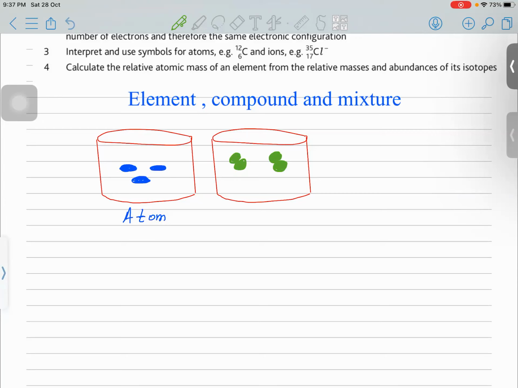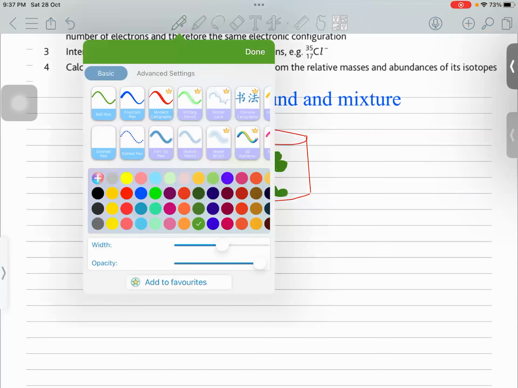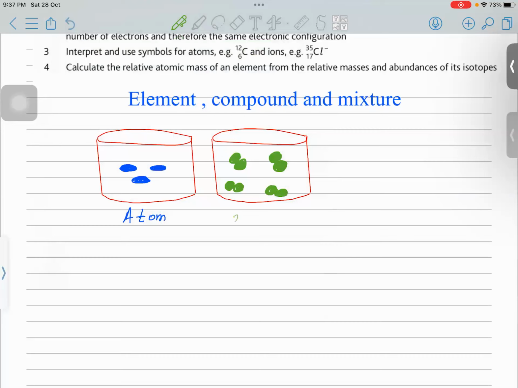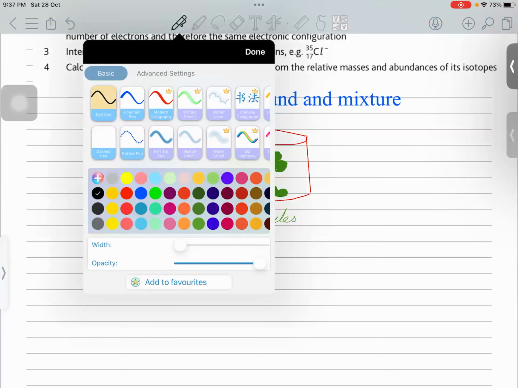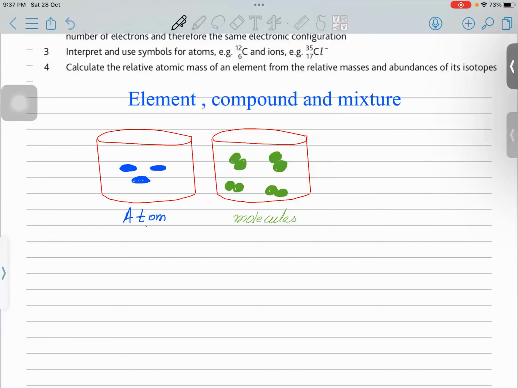These two are both elements, but the first one is an atom and the second one is a molecule. So element may be atom or molecule.